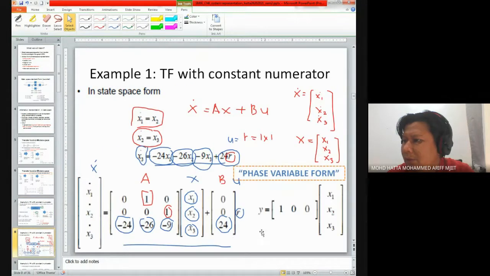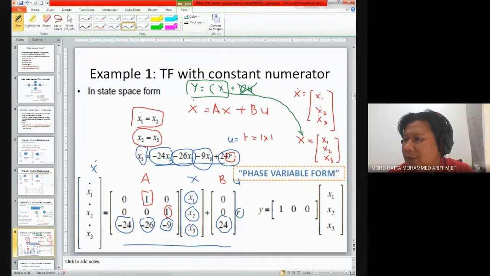Now, if you look at our output equation, we have y equals C times x plus Du. And of course, you can neglect this term because we don't have any disturbance or input related matrix in our output. So we only consider this part, and please remember that this x is basically a column vector consisting of three elements.